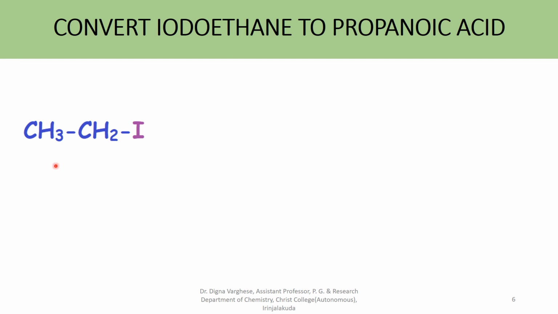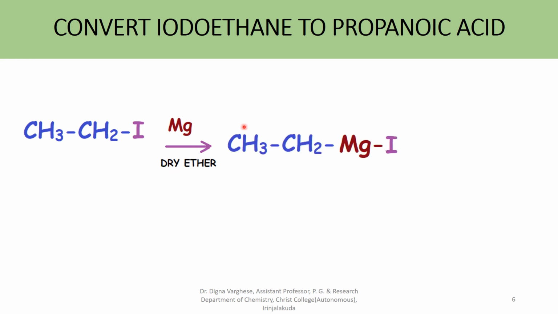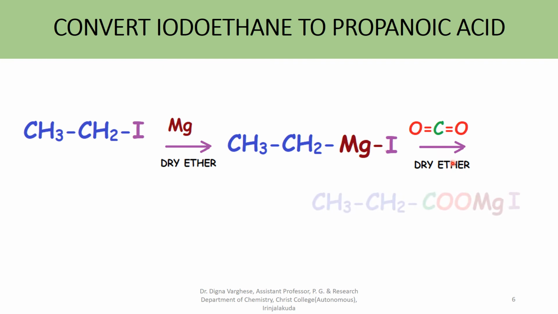First, in step 1, the iodoethane reacts with magnesium in dry ether to form a Grignard reagent, that is ethyl magnesium iodide. In step 2, it undergoes reaction with dry ice in dry ether medium to form an adduct, CH3CH2COO minus MgI.